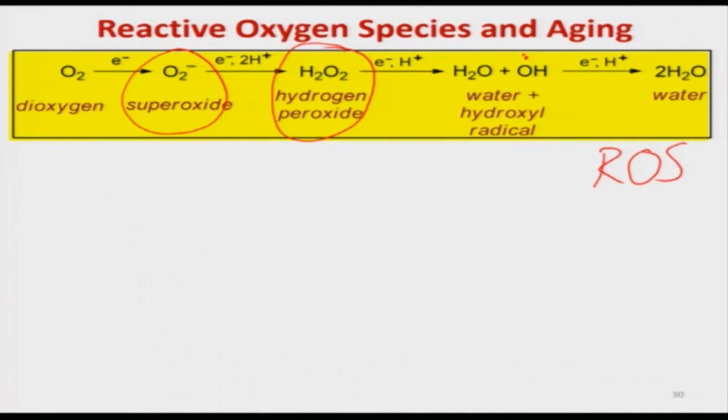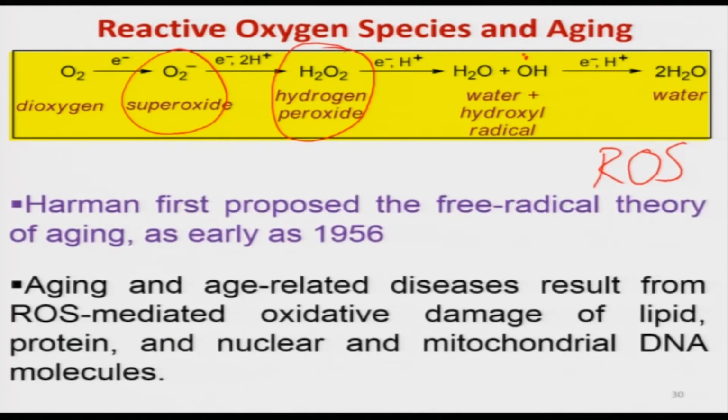O2 minus, O2 2 minus, OH radical, all these are actually responsible for various problems related to aging. Now, let us talk a little bit on that topic. Hermann first proposed this free radical theory of aging as early as 1956.